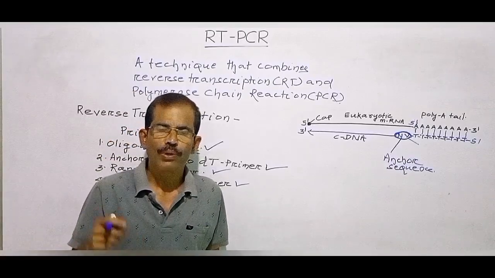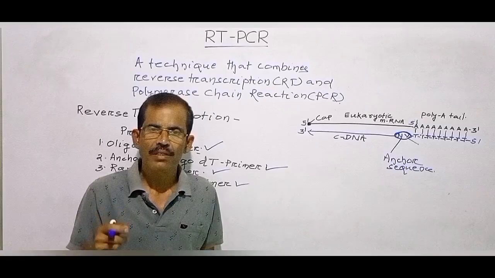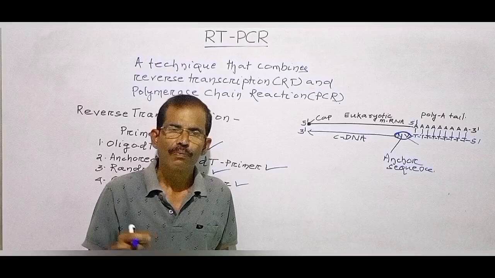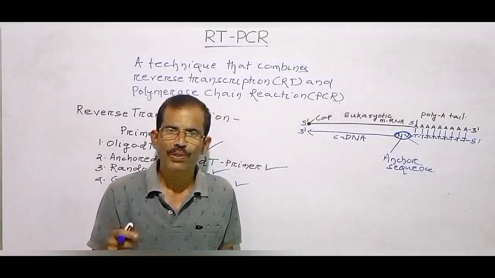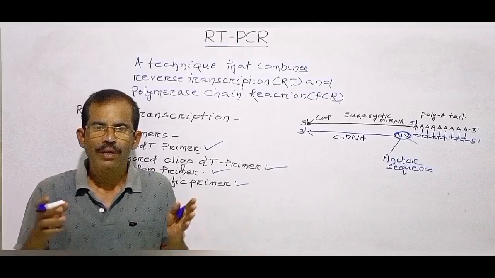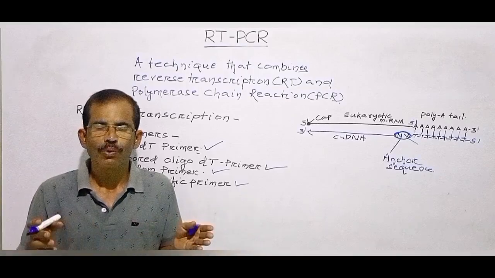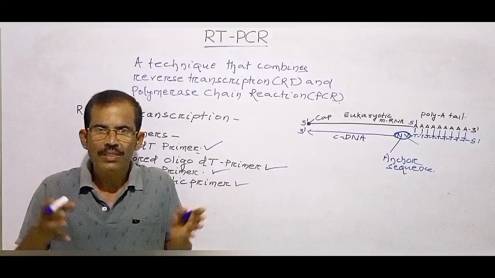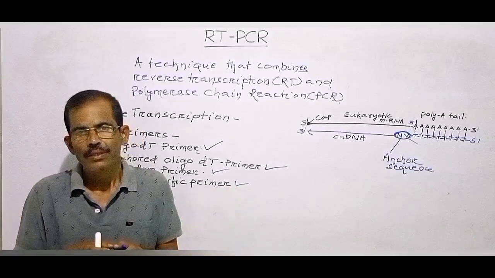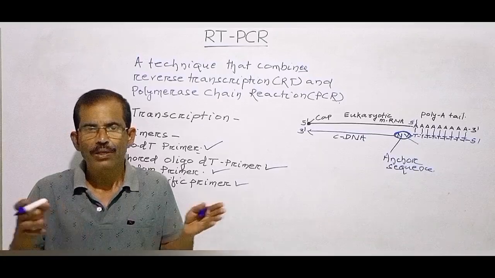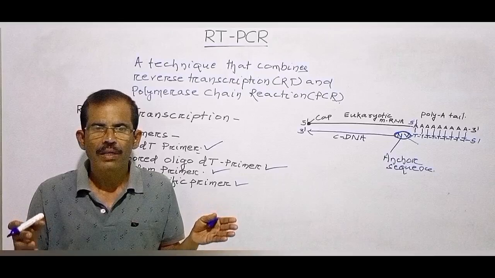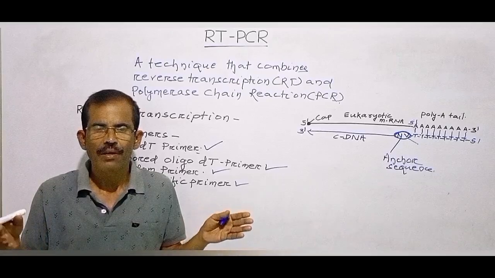They can bind to any RNA sequence, hence are useful for the synthesis of cDNA from a wide variety of RNA species. On the other hand, gene-specific primer contains a specific sequence that ensures its binding to a particular region of the RNA template. Such primers are useful in the reverse transcription of specific RNA into cDNA.